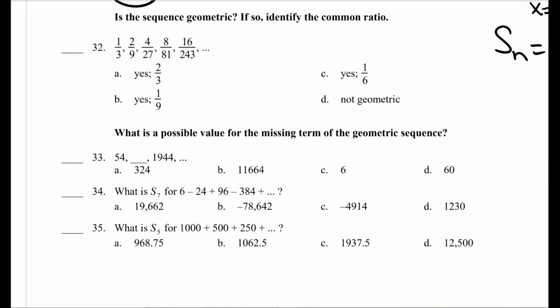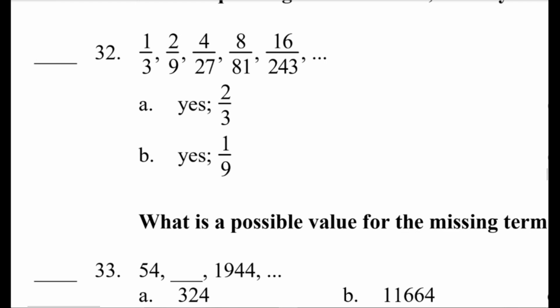So is the sequence given below geometric? If so, identify the common ratio. So all you got to identify is, is it geometric or not? So geometric, remember, is when you're multiplying or dividing by the same number. So if you look at this set of numbers here, in order to go from 1 to 2, I got to multiply by 2, right? In order to go from 3 to 9, I got to multiply by 3.